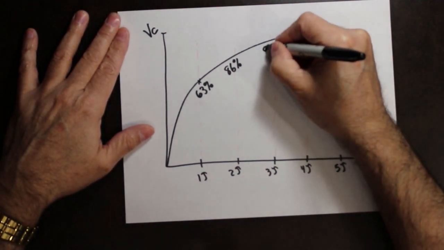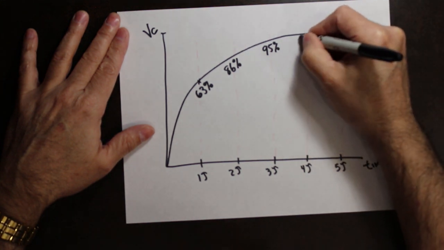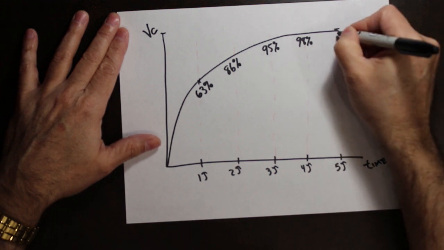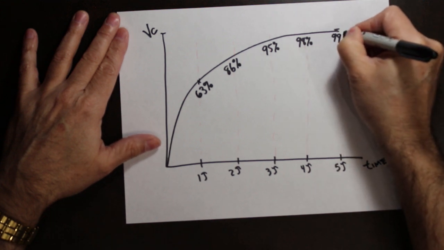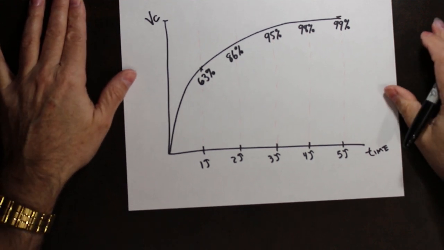After 3 tau, 95%. After 4 tau, 98%. And then after 5 tau, 99% charge, and that is considered full charge.